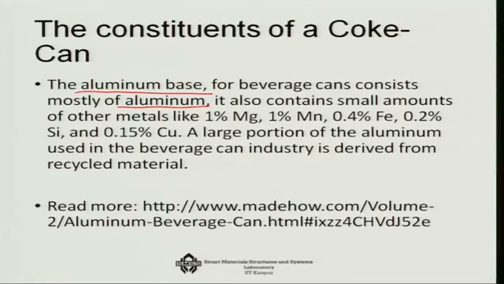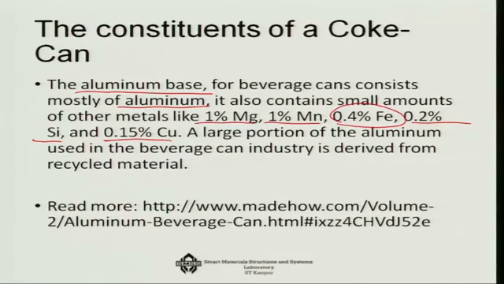It has 1% of magnesium, 1% of manganese, 0.4% of iron and 0.2% of silicon and a very small percentage of copper. So, that is very interesting, this is one of the very interesting examples of a non-ferrous alloy.